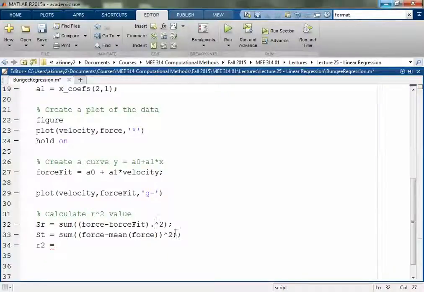And then on the second line, we also need a dot because we have a vector. This mean of a force is going to give us a scalar, right? But a vector minus a scalar is going to give us a vector. So we still have a vector that we want to square. We're going to square each of those values independently. So we put the dot. So now we need to do our formula.